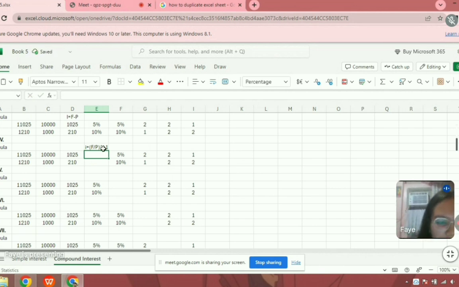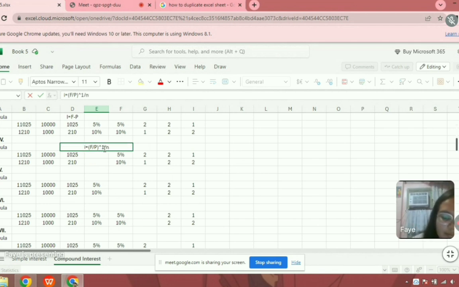Okay, so, oh no, not j. Sorry, i is equal to quantity F over P raised to 1 over n, then minus 1 again.